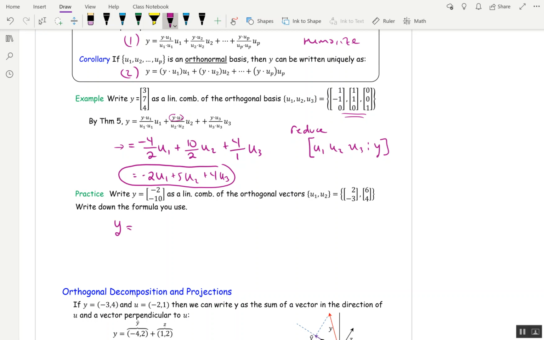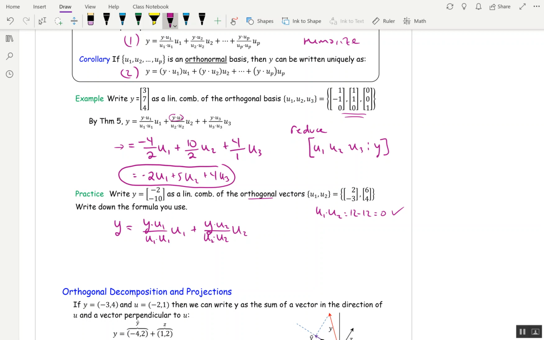Y is y dot u1 over u1 dot u1 times u1 plus y dot u2 over u2 dot u2 u2. Now I stated in the statement of the problem these were orthogonal vectors, but let's just do a quick check. u1 dot u2 is 12 minus 12, which is 0, check.